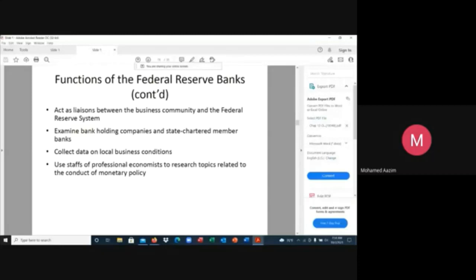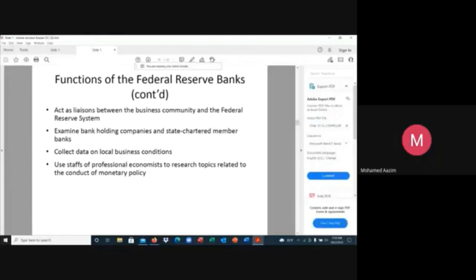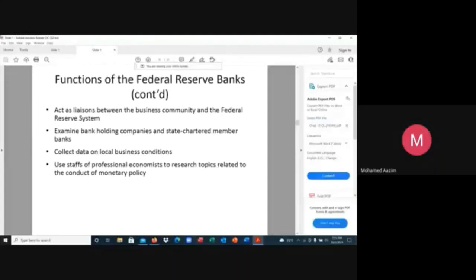Then the examination of holding companies and other member banks. Very much state chartered, that means state within the region or the Federal Reserve districts, there are certain types of financial intermediaries. They are not chartered by the Federal Reserve system itself, but the central bank, the Federal Bank for that region, gives clearances, or other state affiliated agencies are approved.